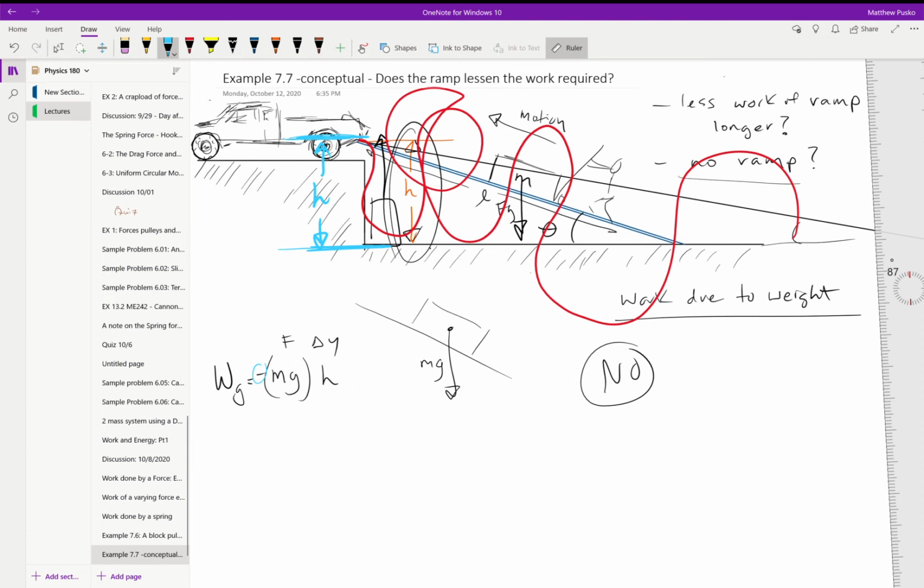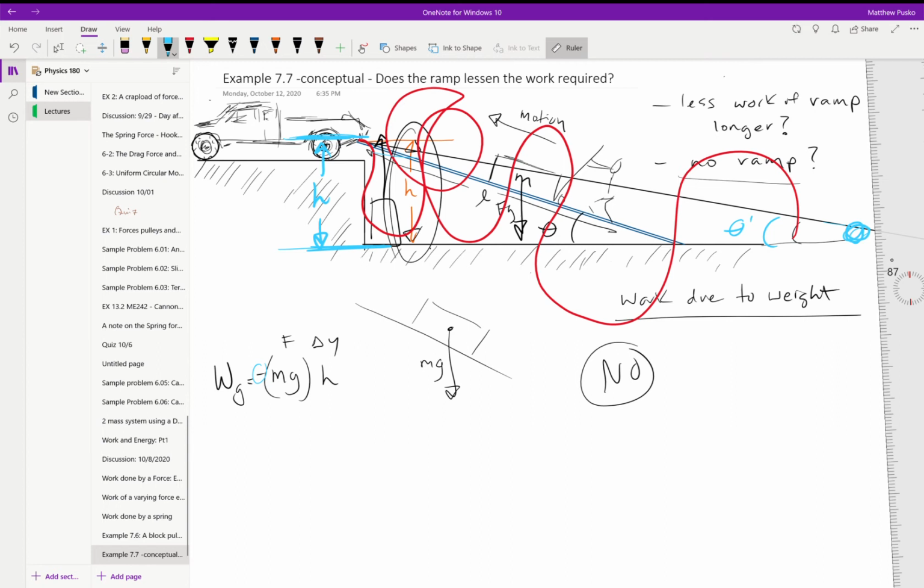If you were to lengthen the ramp all the way out to here, it's going to be significantly easier, right? If you've ever done any hiking, the grade of the trail makes a big difference. Something very steep gets very tiring, whereas if you make an incline a lot more shallow, with some different angle theta, it essentially feels easier to go up it.